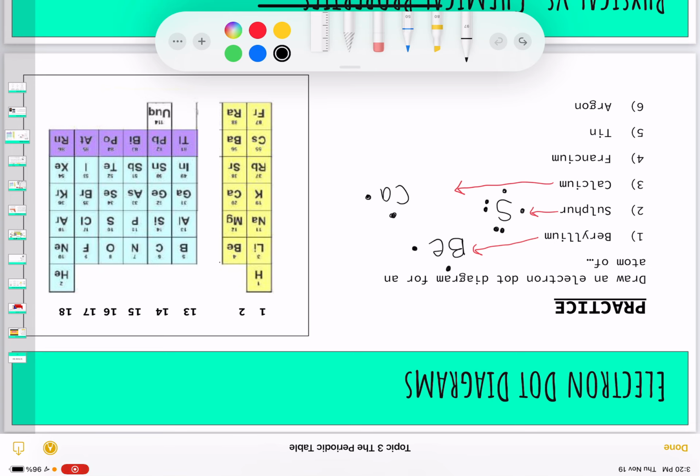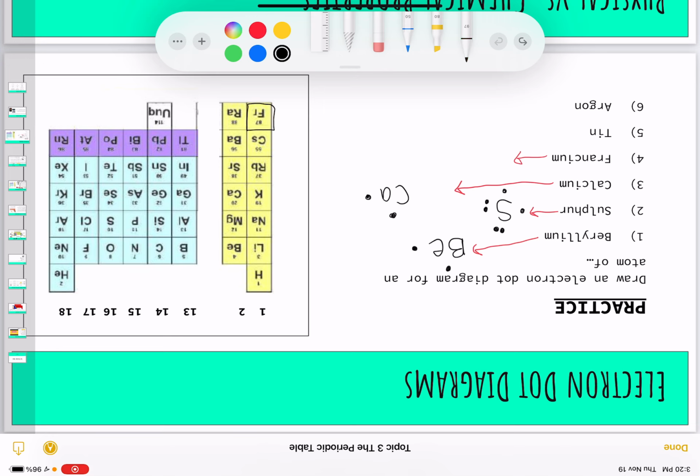They're in the same column, so that makes sense. Every single one in this column is going to have 2 dots. If I draw magnesium, Mg, it's going to have 2 dots. Whatever column it is in the periodic table tells you how many dots or valence electrons it has. Francium is right here.